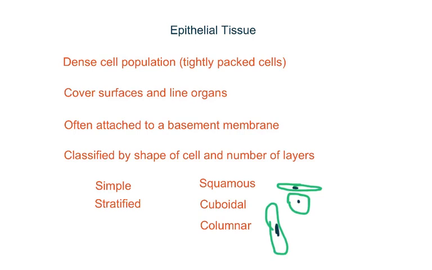That's roughly the shape. So we can take a combination of the shape and the number of layers and just combine them: simple squamous, stratified squamous, simple cuboidal, simple columnar, stratified columnar, however you want to say it.